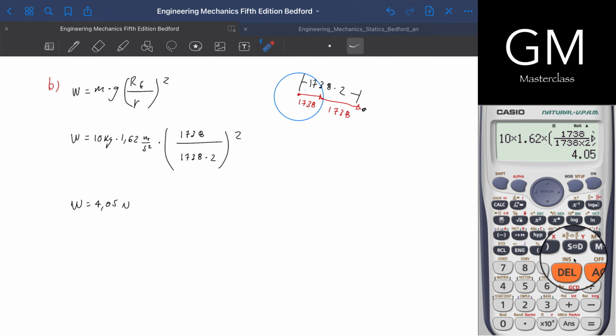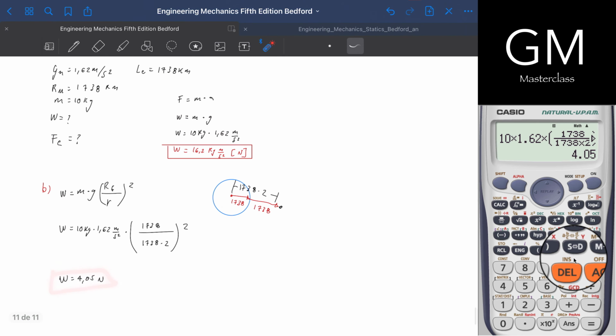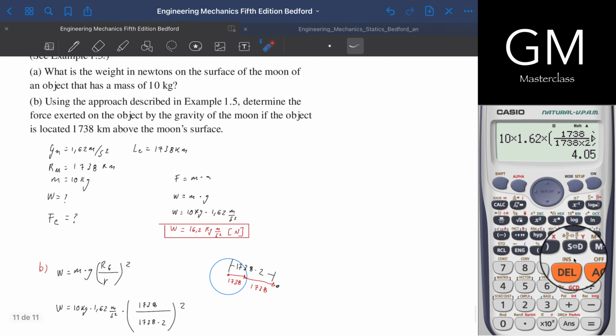Now that I've solved the exercise, I want to explain the physics behind it and the physics that need to be understood to solve it.